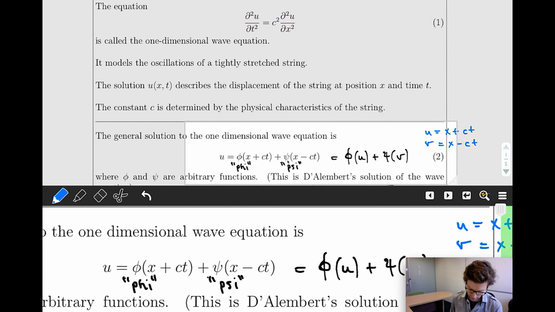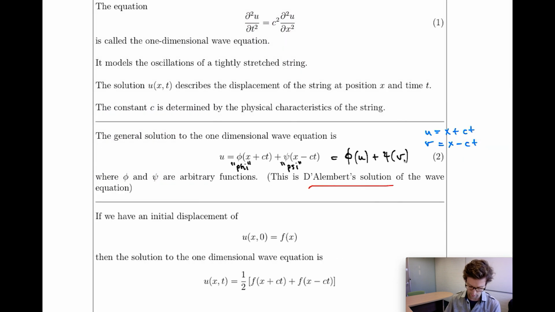So what we find here is that our solution is going to be written as two functions of one variable. I've taken a function of two variables and written it as the sum of a function of one variable and a function of one variable. That's going to be really useful in terms of solving this equation. So this is our assumption, and we're going to substitute that in to see if it works and find out what the consequences are.